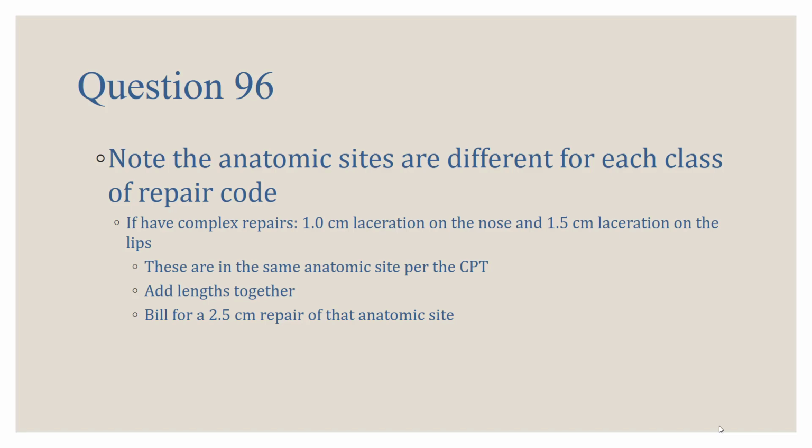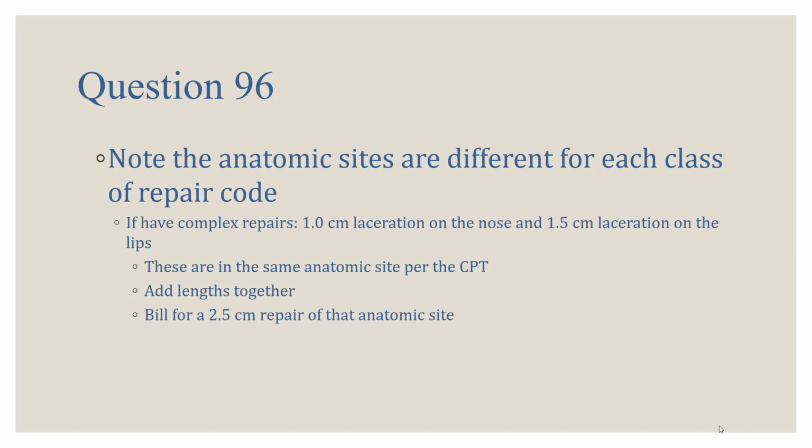Note the anatomic sites are different for each class of repair. So if you have complex repairs, 1 centimeter on the nose and a 1.5 centimeter on the lips, these are in the same anatomic site per the CPT. You have to look at the CPT to know this.